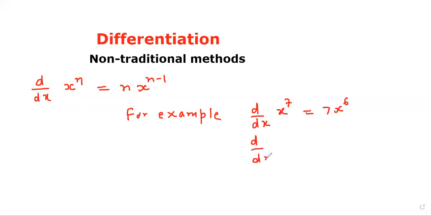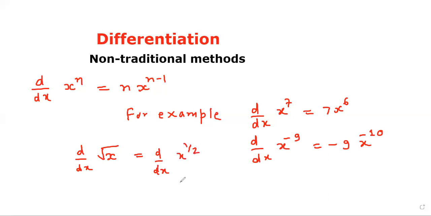D upon dx of x power minus 9 will become minus 9 x power minus 9 minus 1, that is minus 10. D upon dx of root x is equivalent to d upon dx of x power half.